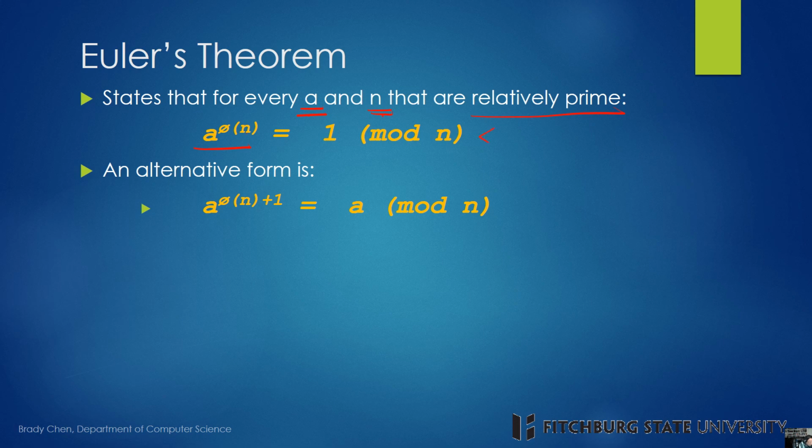If I write it in another way, it basically says a to the phi of n mod n is 1. Or the alternative form, just like Fermat's theorem, a to the phi of n plus 1 mod n is a.